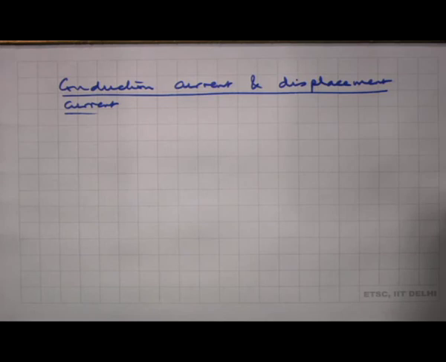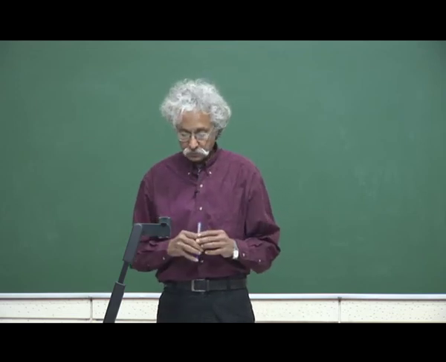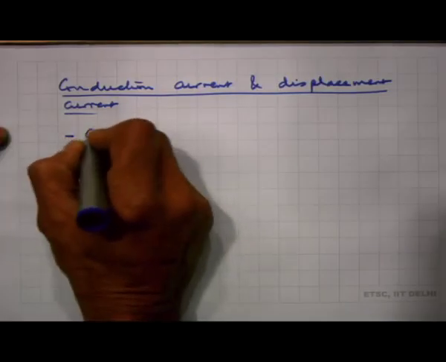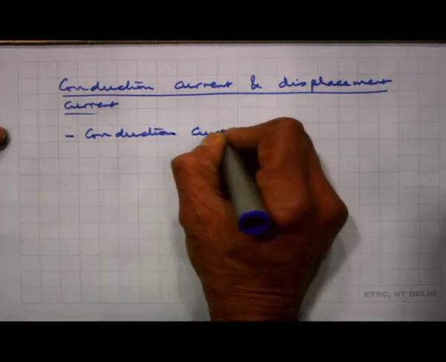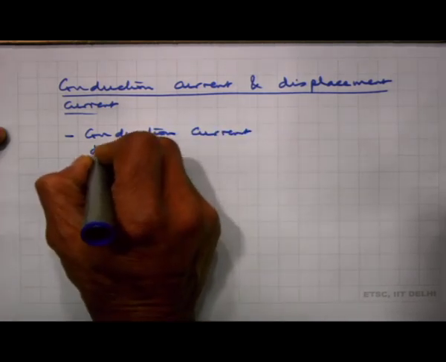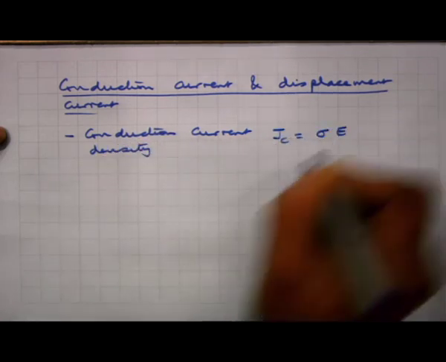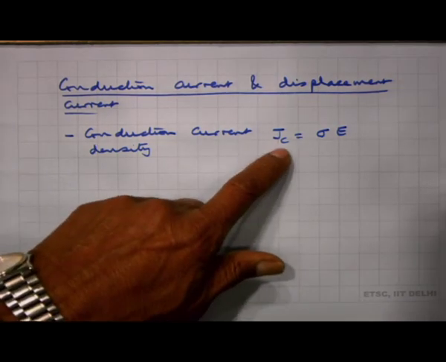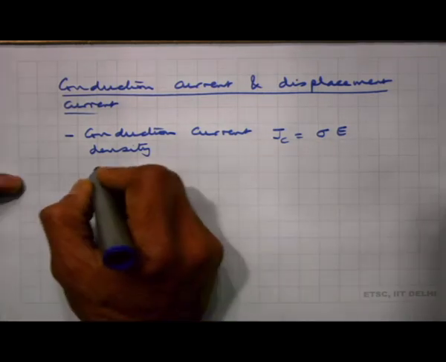Now, in an earlier class you must have studied conduction through wires and RC circuits and so on. At that time we defined a conduction current density, Jc is equal to sigma times E. The magnitude of the conduction current density is given by sigma E, where sigma is called the conductivity.